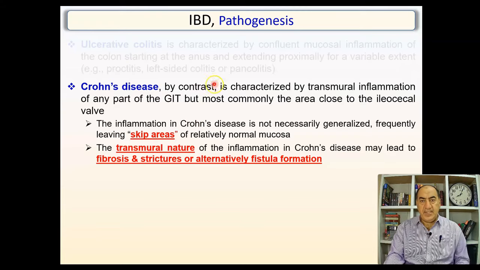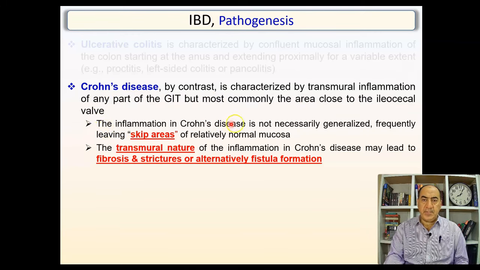Whereas Crohn's disease is characterized by transmural inflammation that affects all the layers of the colon or of the small intestine, wherever it goes, but most commonly the areas close to the ileocecal valve.